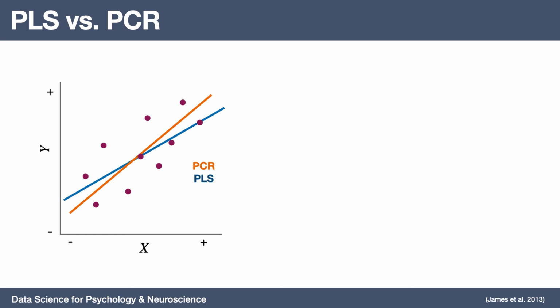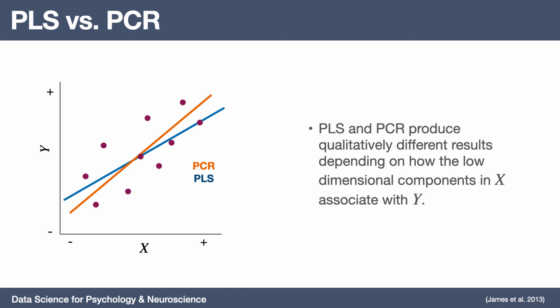They're all going to be basically giving you similar ways of managing the bias variance trade-off, but the important part with PLS is that it should explain more variance in Y than PCR. And so it's going to be important, even though PLS and PCR produce qualitatively similar results, to look at the percent variance explained by both.